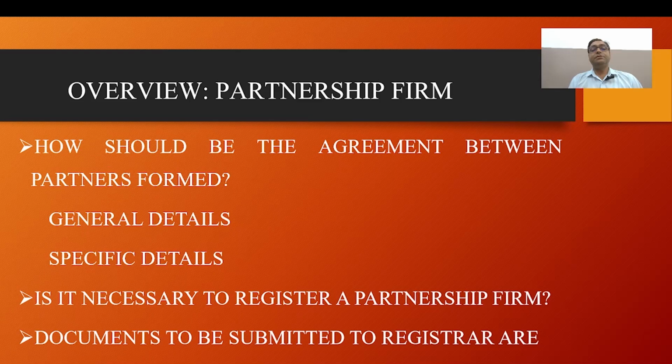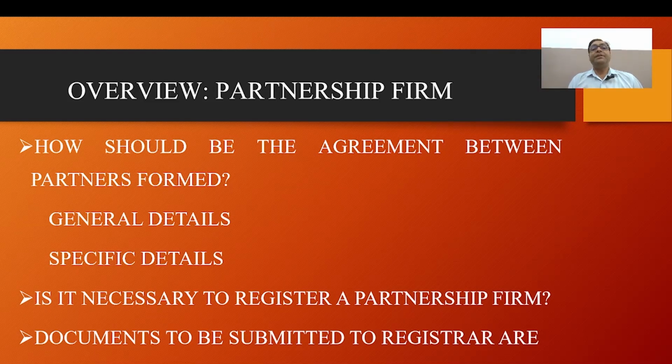These are the general details we have already discussed, and specific details are very necessary. Certain specific clauses may also be mentioned to avoid any conflict at a later stage.